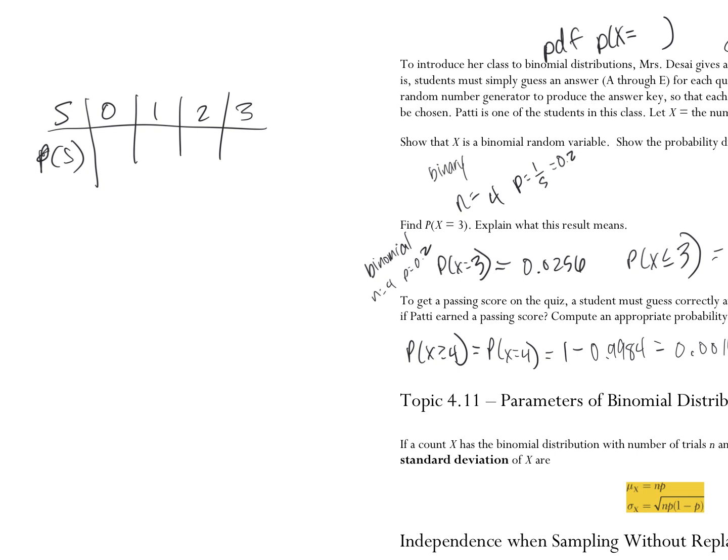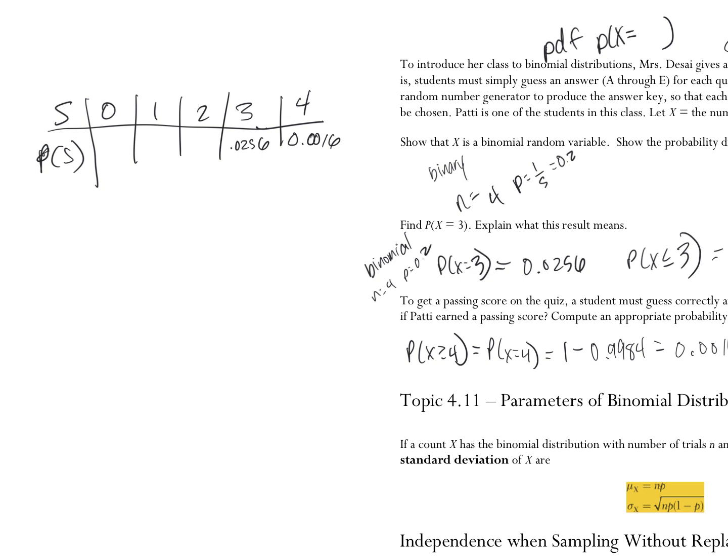And in fact, we know the probability of 3 is 0.0256, right? And 4 right. And we know that probability is 0.0016. And could we actually relatively quickly throw these other ones into that binomial PDF and come up with a probability distribution? Sure. It wouldn't be that hard, yeah?